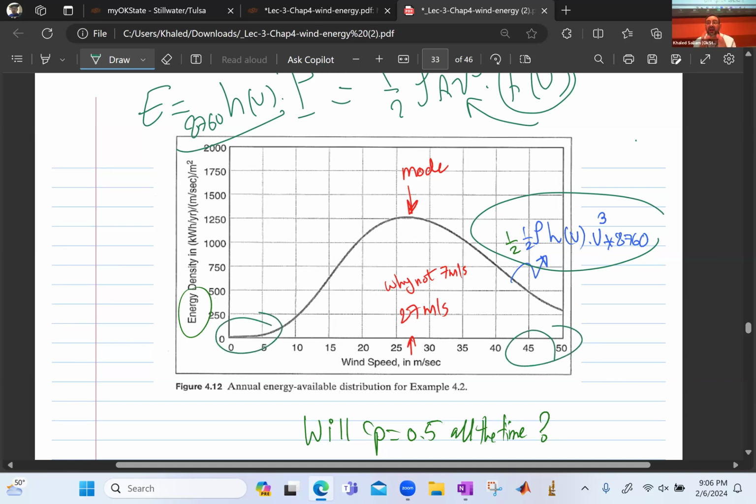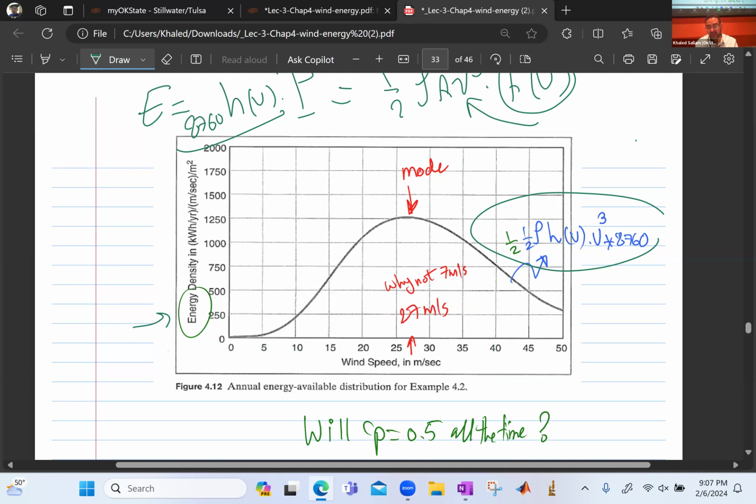That graph is how many joules are available in that site at those different velocities. And so then it's very easy for you to say where the money is. The money is in this bracket or that bracket. I need a turbine that will harvest this. I don't care about this much. I just care about this to this. This is where all my energy is.